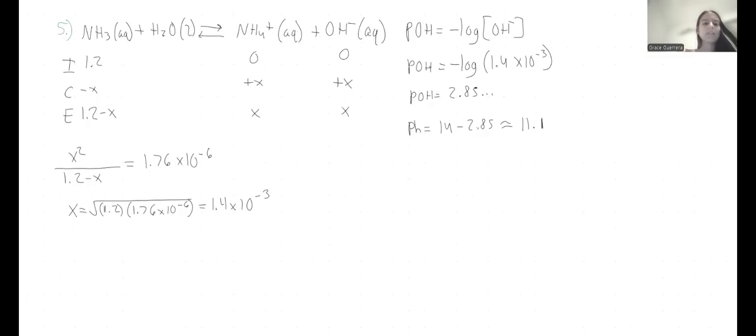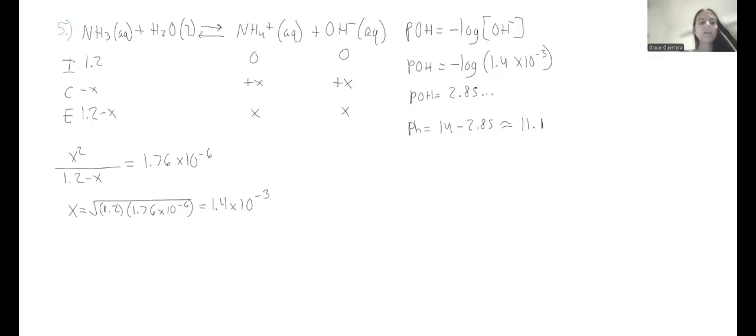And then we could solve for X by setting X squared over 1.2 minus X equal to our KB, which was given in the problem, 1.76 times 10 to the negative 6. So our X is equal to the square root of 1.2 times our KB, which is equal to 1.4 times 10 to the negative 3.